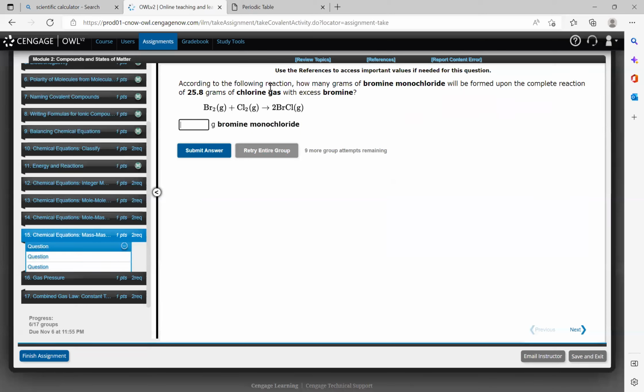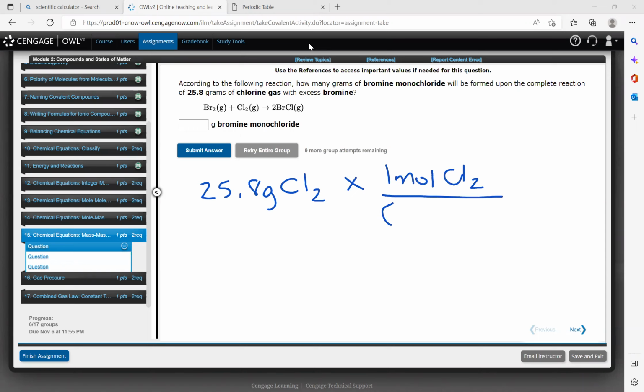And then for the following, we're going to do the exact same idea, but we're going to go from grams of A to moles of A to moles of B to grams of B when we finally run this guy here. So we're going to go 25.8 grams of chlorine gas, Cl2, times 1 mole of Cl2. And I already know this off the top of my head.